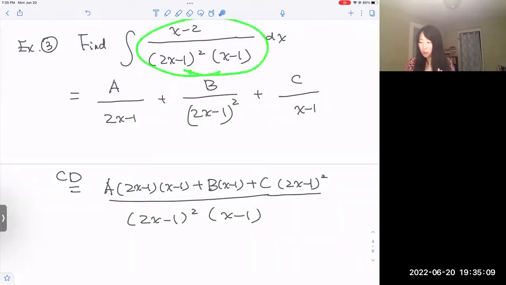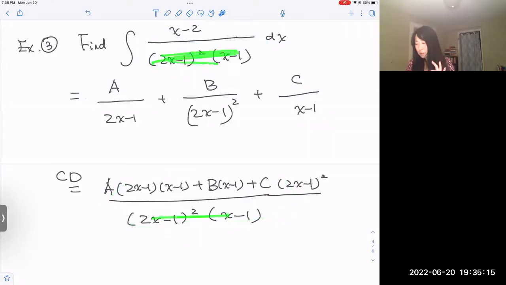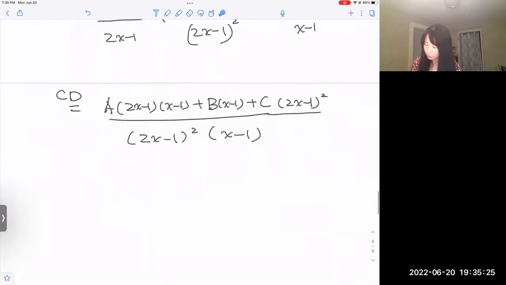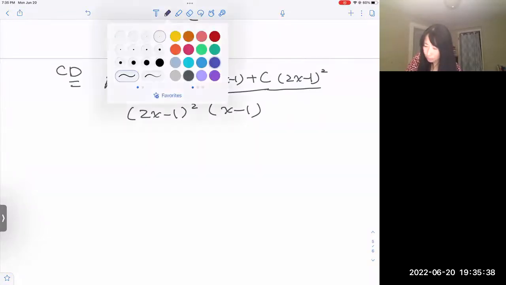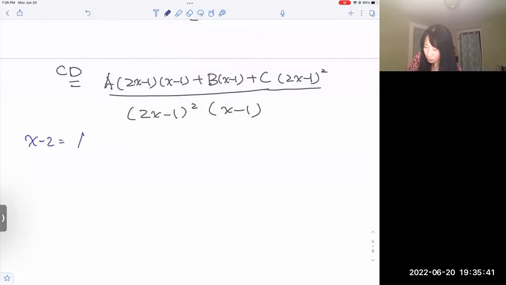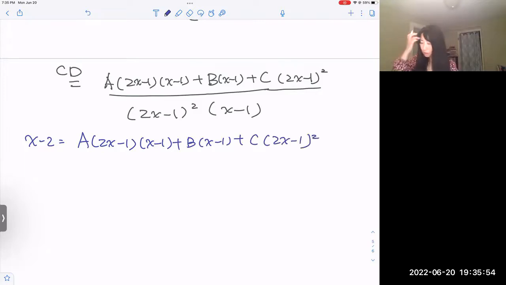So we can just set up the numerators: x minus 2 equals, let me rewrite the right side, A times 2x minus 1 times x minus 1, plus B times x minus 1, plus C times 2x minus 1 quantity squared.